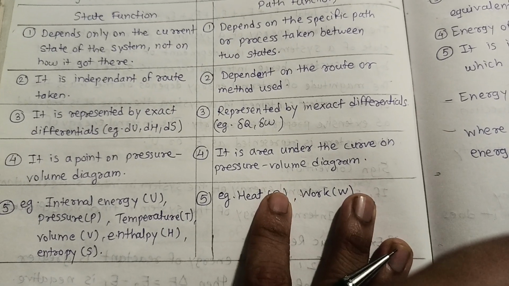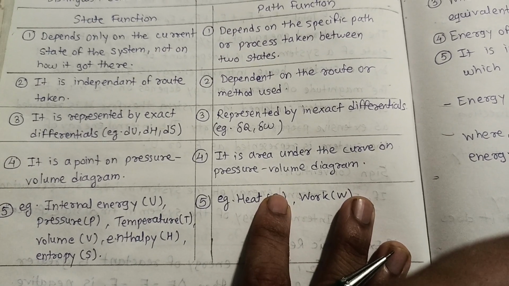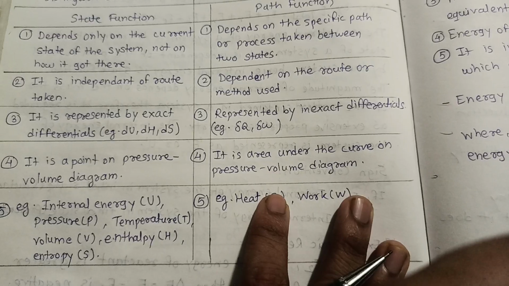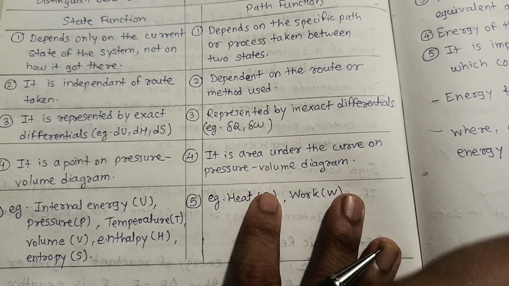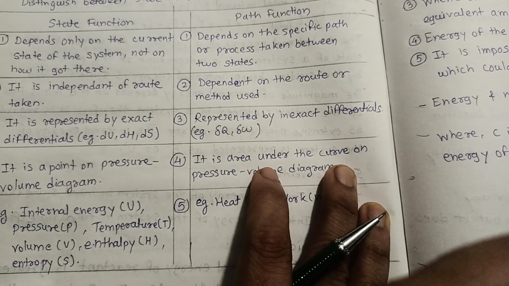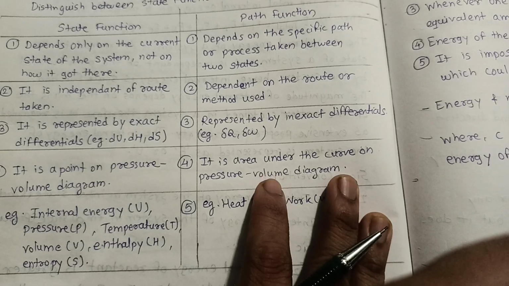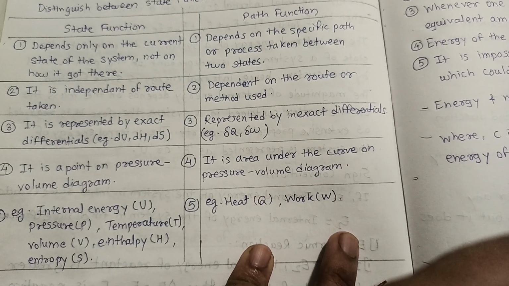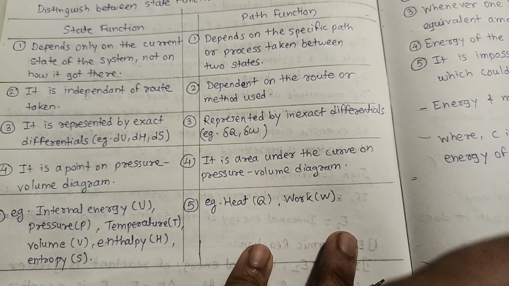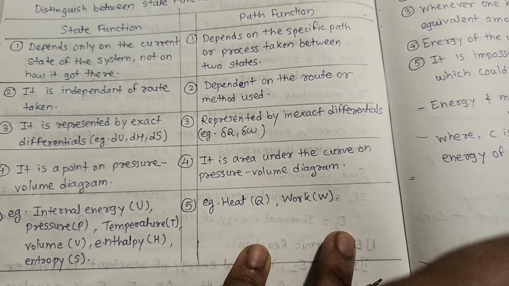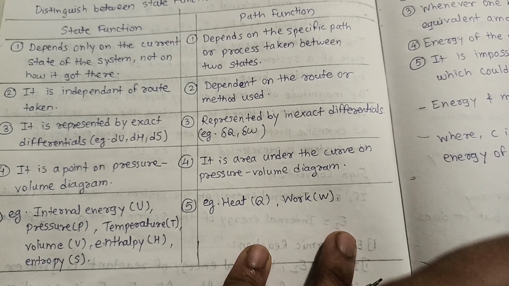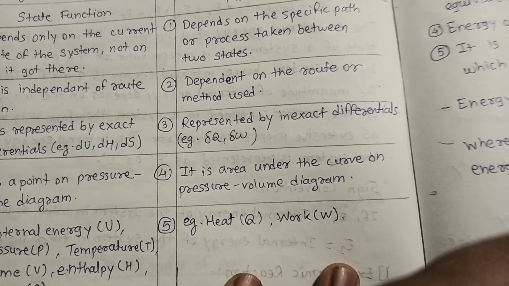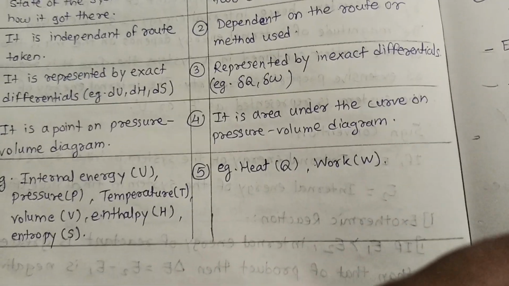State function is represented by exact differentials dU, dH, dS. Path function is represented by inexact differentials, for example delta q, delta w. A state function is a point on a pressure volume diagram, whereas a path function is the area under the curve on a pressure volume diagram.